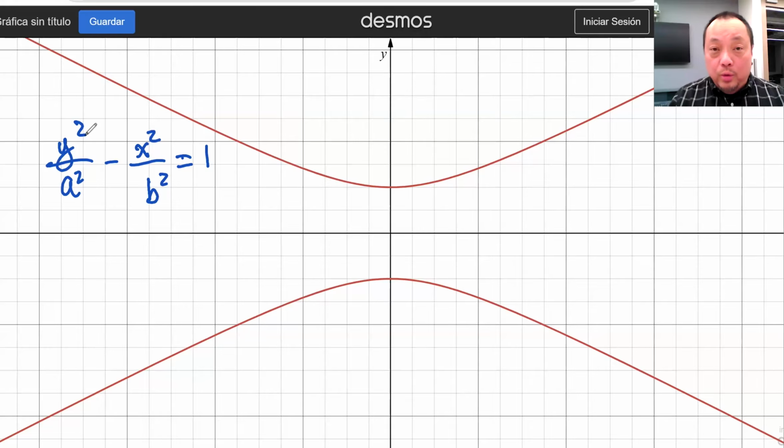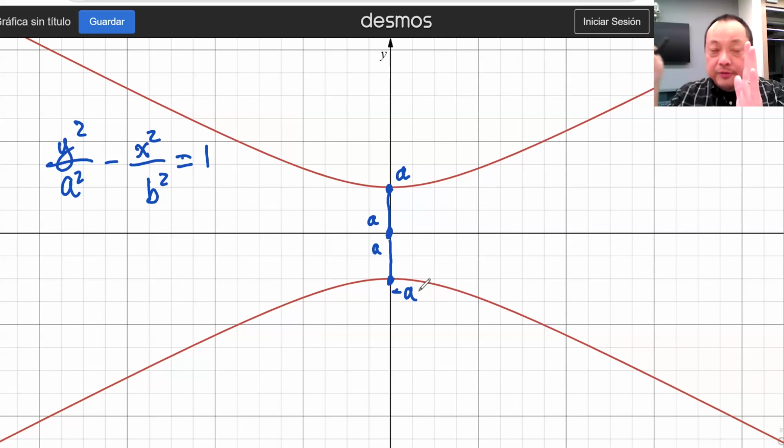Let's do it again with a hyperbola that opens up and down, where the positive term is the y squared term. A is the distance from the center to the vertex. The y value here is a, and the y value here is negative a. And then from the center to the vertex is a.